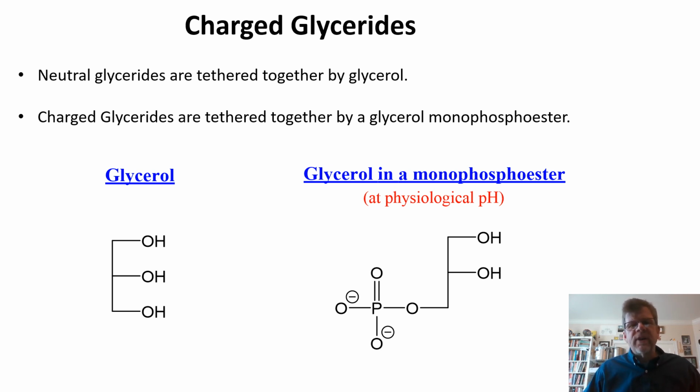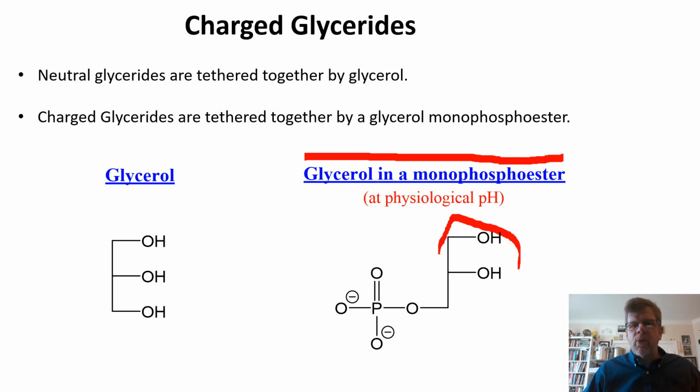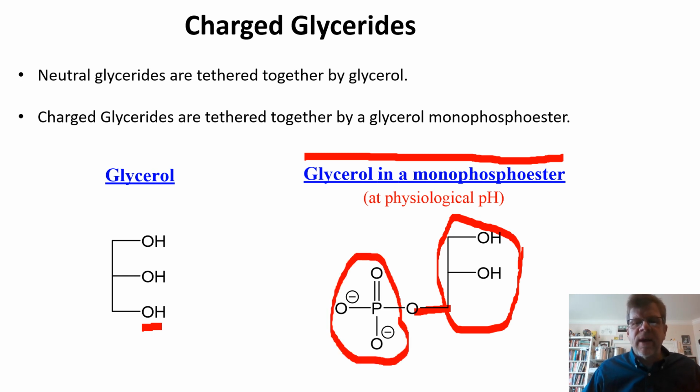In charged glycerides, we get glycerol, which has formed what is called a monophosphoester. So here's that glycerol portion right here, where that last alcohol on glycerol sort of turns around here. We have free rotation around it, but it is then esterified into a phosphoester with a phosphate group.